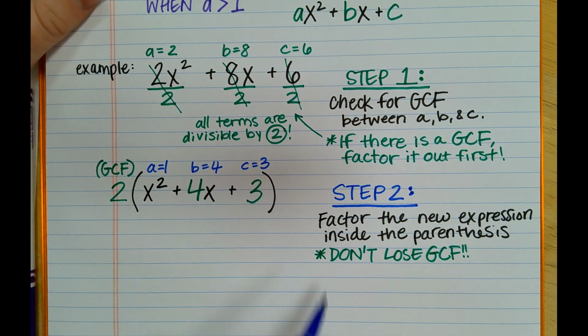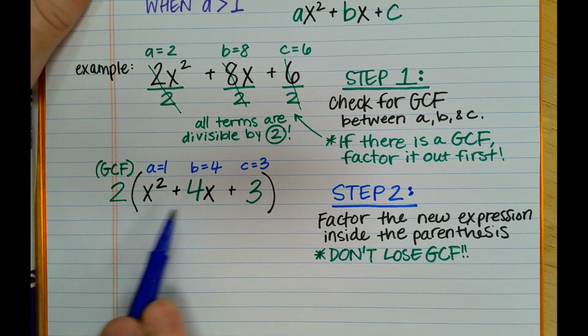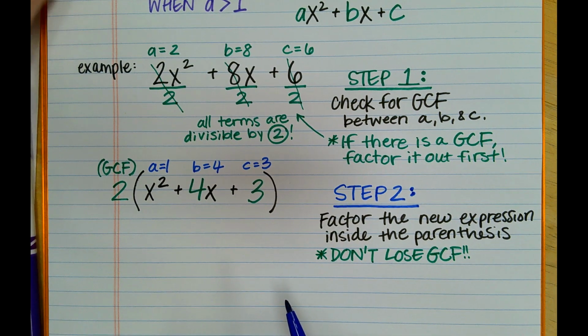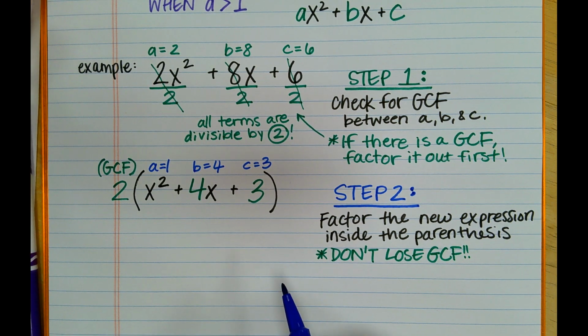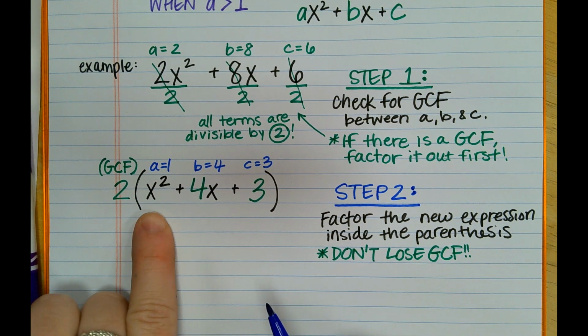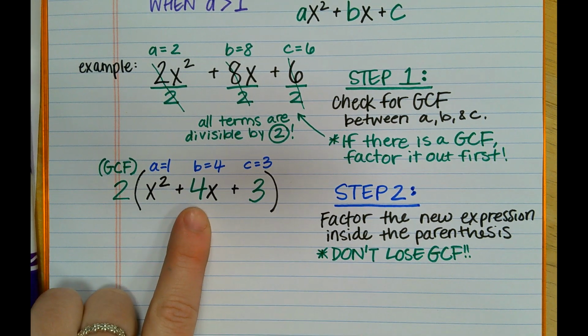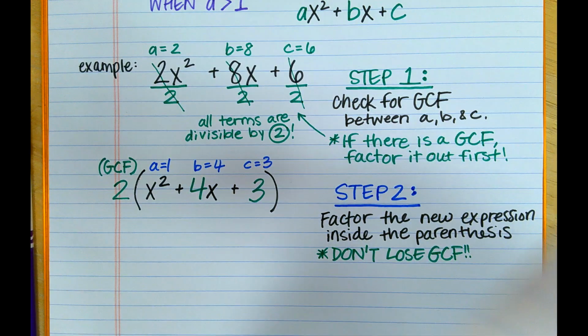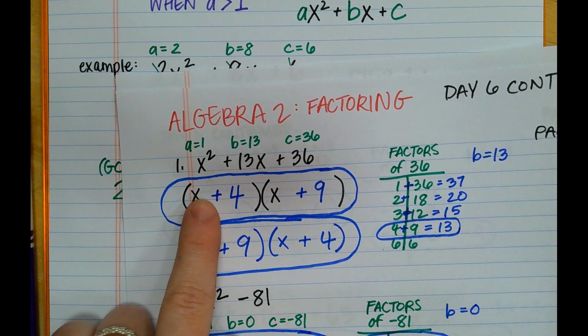Okay. So to factor x squared plus 4x plus 3, what do I need to do? What'd you say? Multiply what? X squared to 4x. So remember, whenever we're factoring, we are just doing what we did before.